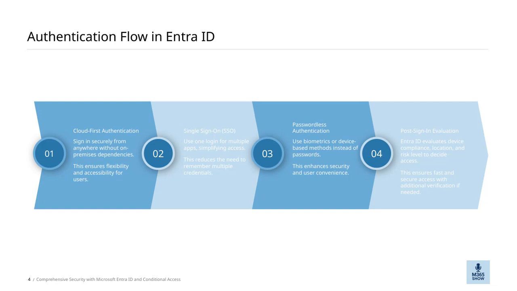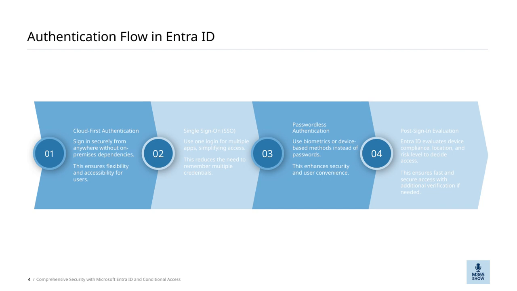Let's take a closer look at the authentication flow in Entra ID. First, it allows users to sign in securely from anywhere without relying on on-premises infrastructure. This means greater flexibility and easier access for users, no matter where they are. Next, it simplifies the login process by enabling a single sign-on for multiple applications.